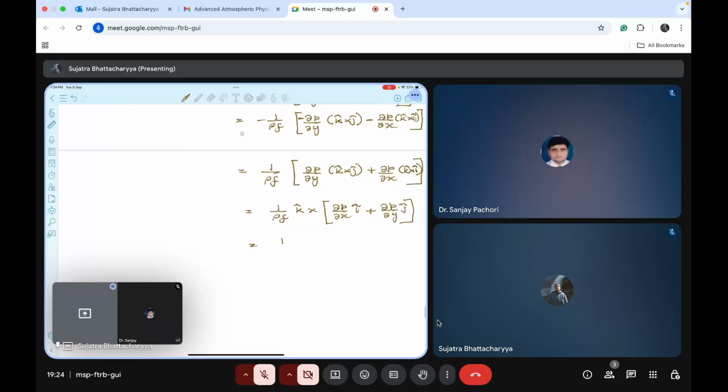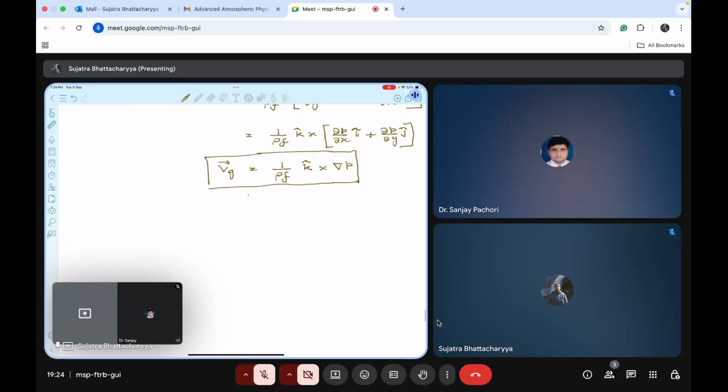So finally, my geostrophic wind in vector form can be written like this. Can I write this as grad p? Yes, horizontally. Remember these. So this is the geostrophic wind vector. It consists of both direction as well as magnitude.